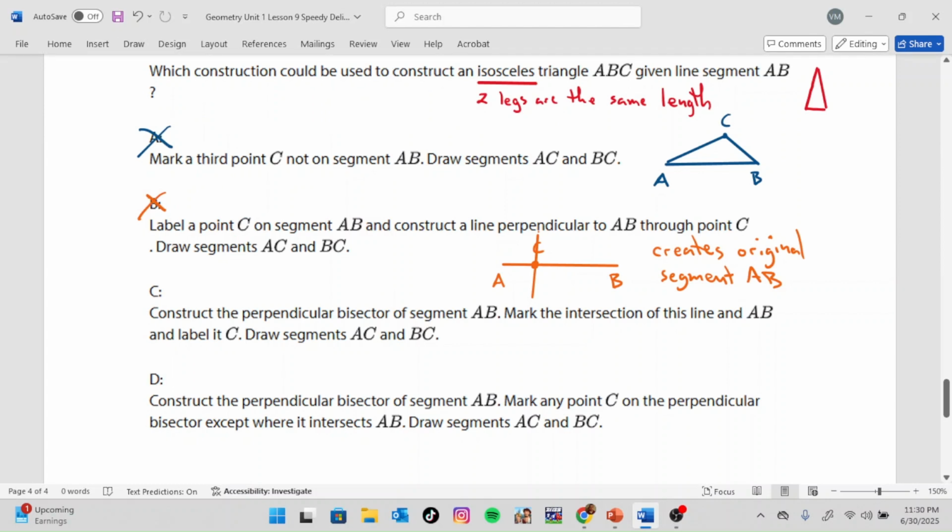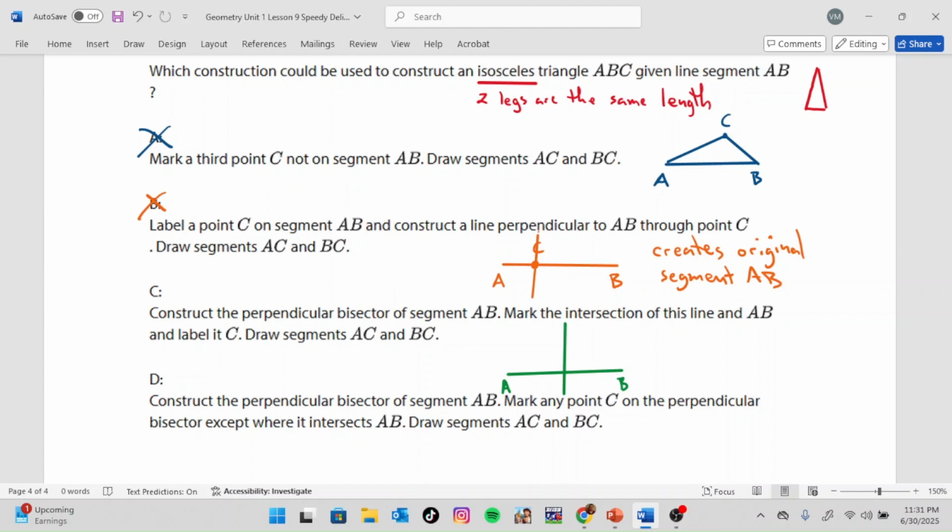Option C. Construct the perpendicular bisector of segment AB. So here is AB. I construct the perpendicular bisector.